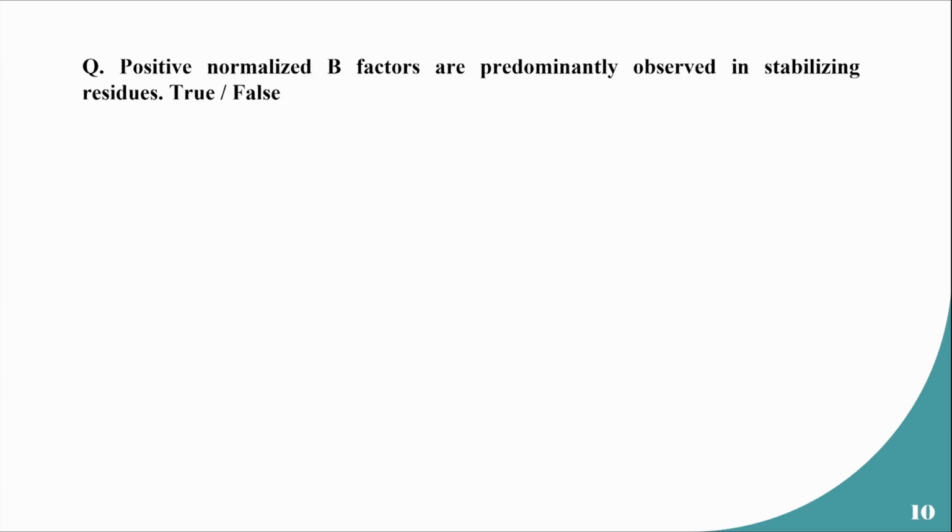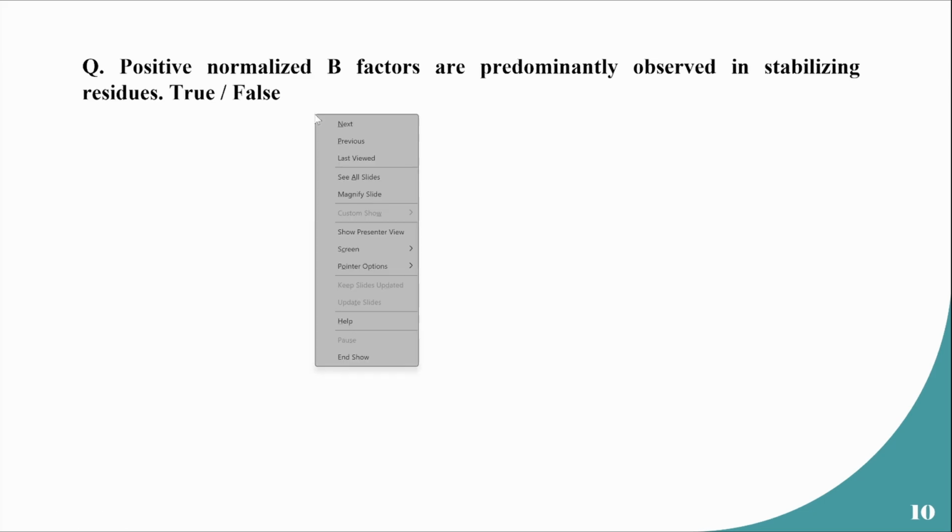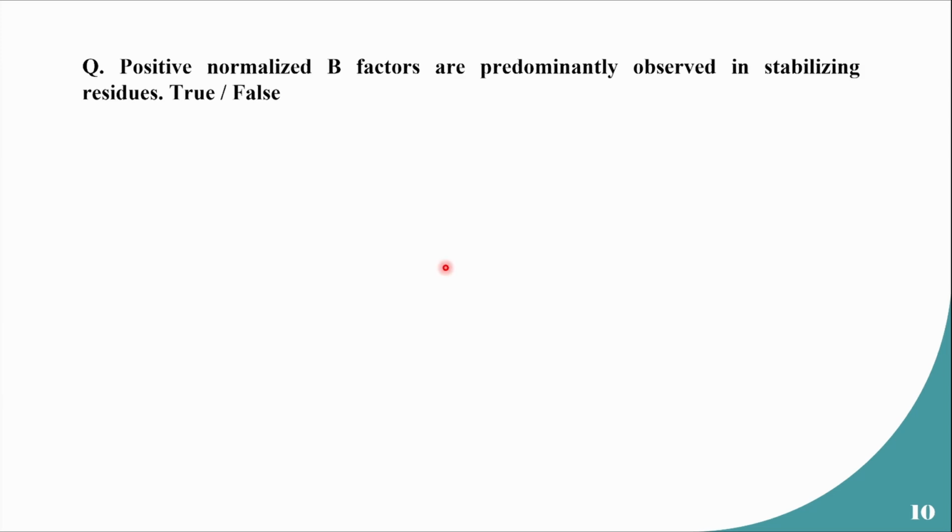For the next question, the question was asking whether the statement that positive values of normalized B factors are predominantly observed in stabilizing residues is true or false. We learned about B factors in some of the earlier lectures also, right? Professor Gromiha mentioned it in detail. B factors are indicative of thermal fluctuations occurring in the different atoms of a crystallographic structure.